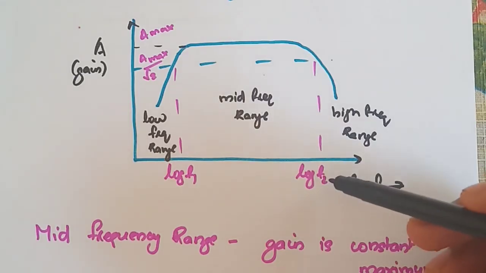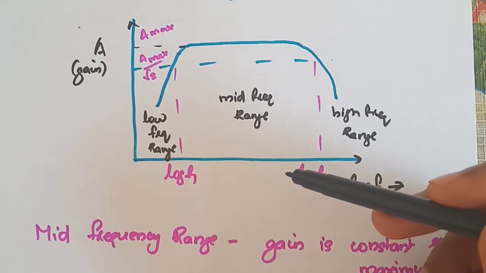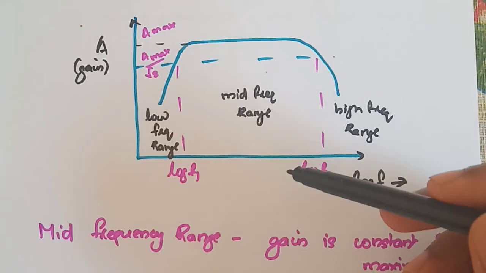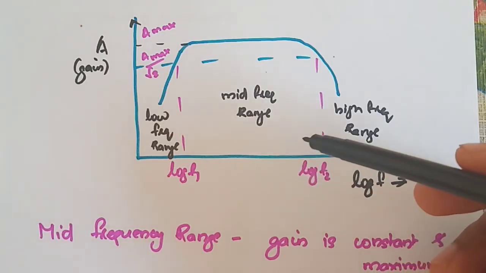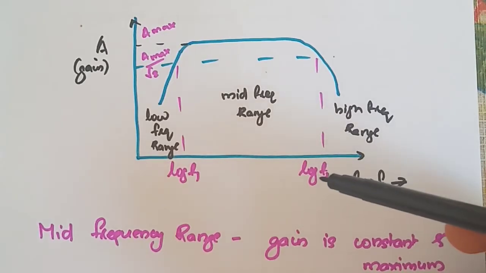The difference between f1 and f2 is the bandwidth of the amplifier. For a good amplifier, the bandwidth should be as large as possible. If the bandwidth is high, it is a good amplifier.